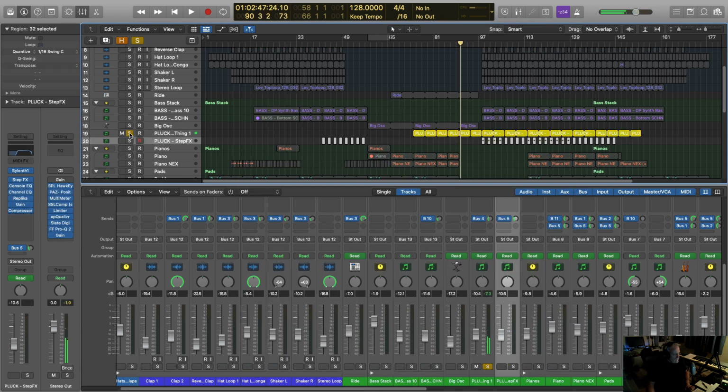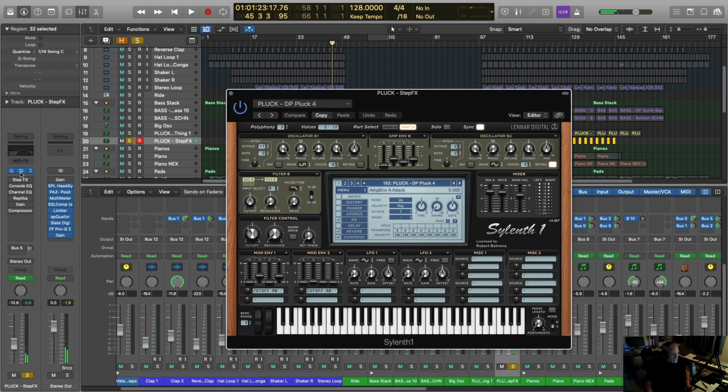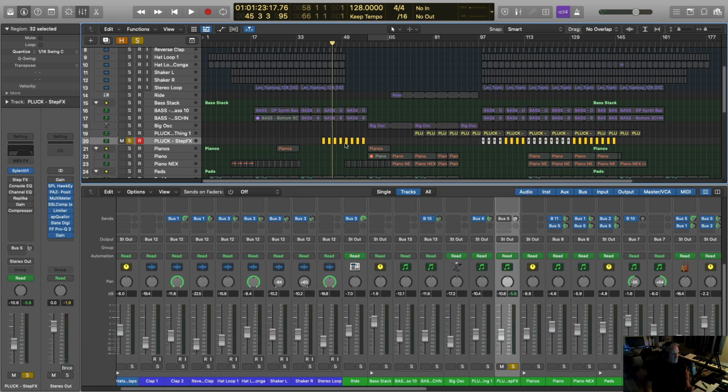All right, then I've got this other pluck, which is kind of like a response to the main pluck. Let me turn off all of the effects on this one. All right, and it's got a reverb on here too. Well, I guess Silent has a little reverb on there too. Yep, there's some reverb on that patch.